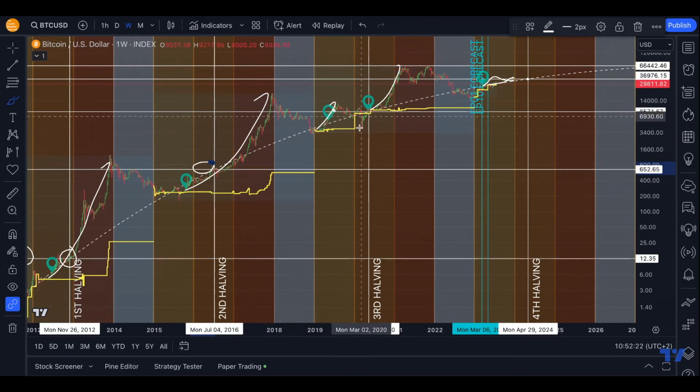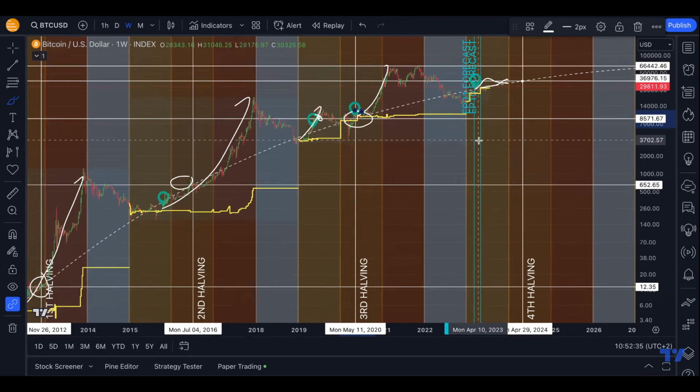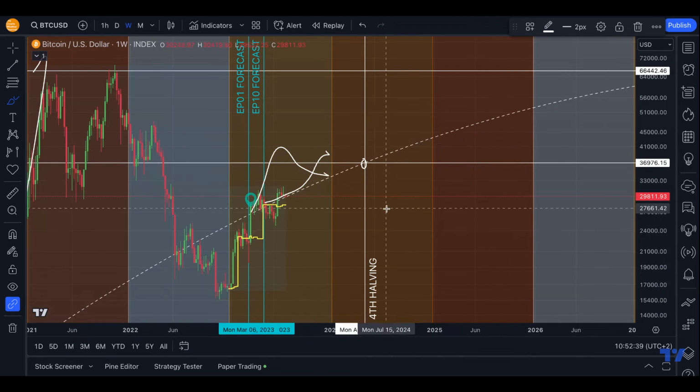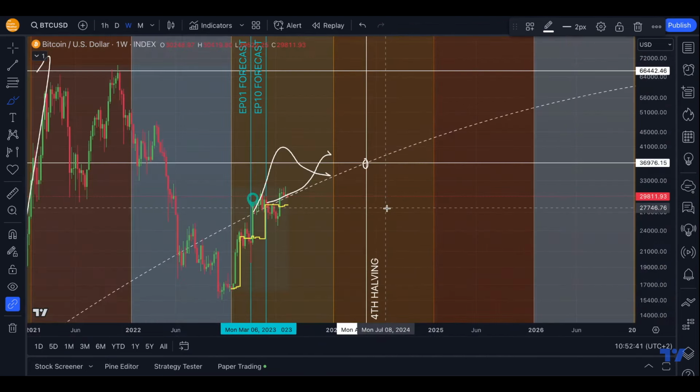And then in the third cycle, the previous cycle here, well in advance, as I stated before, well in advance before the halving there. So we'll definitely keep an eye on the situation and keep you posted as the situation develops.